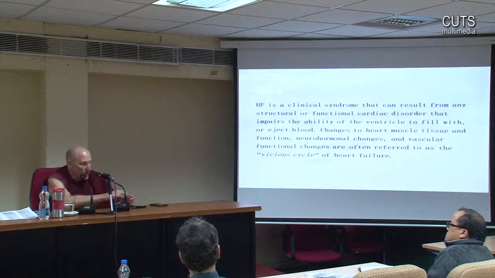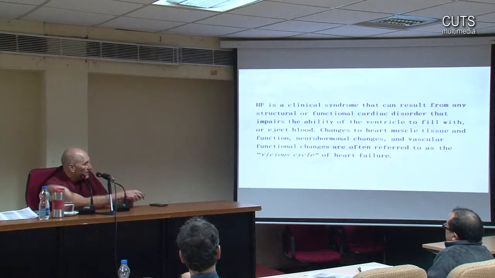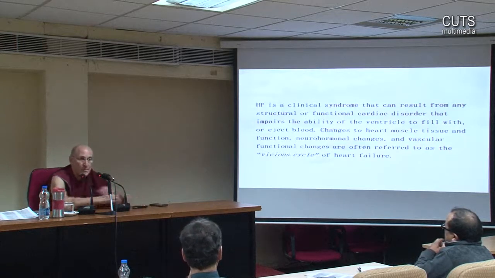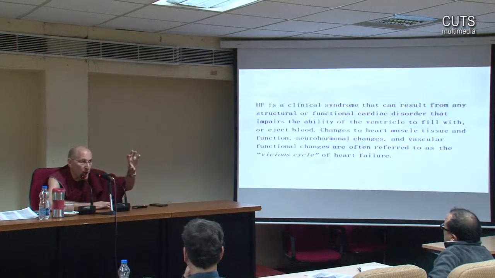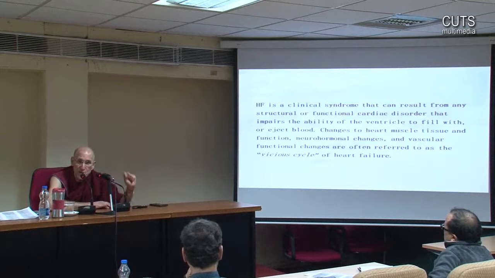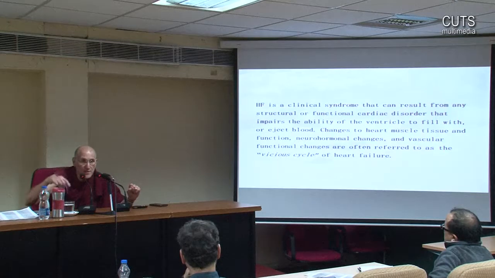Okay? So what happens to the vessels, the vascular changes, is that the arteries constrict, because it's trying to preserve the blood pressure. It's a closed system. The arteries and the veins and the heart's a closed system.